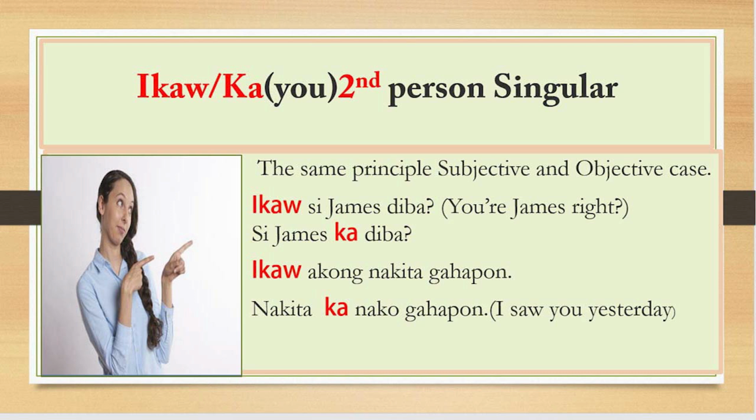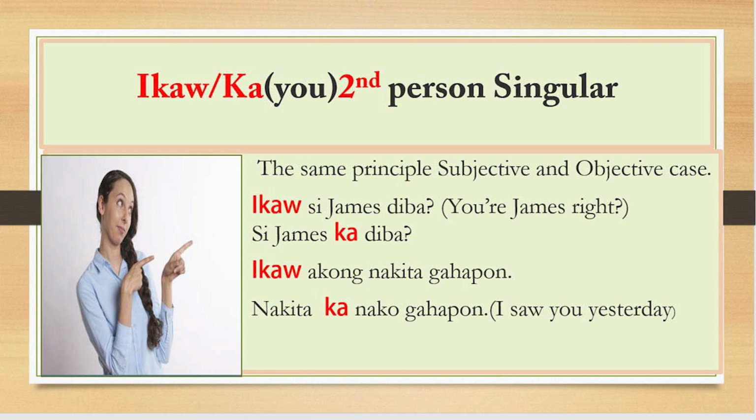So when you say si James ka, di ba? So it is ka. You don't say si James ikaw, di ba? So literally it's correct, but sounds more awkward for native speaker. So you use ka in the middle of the sentence or at the end of the sentence.